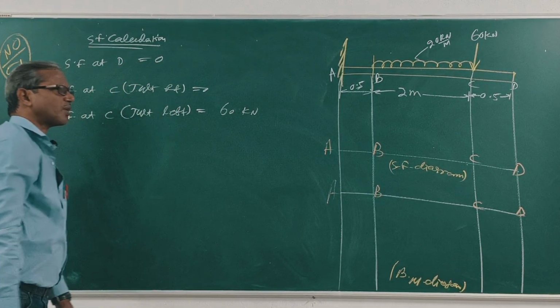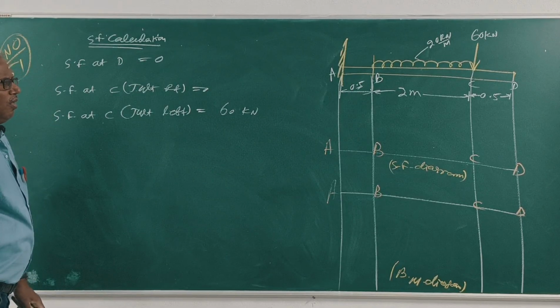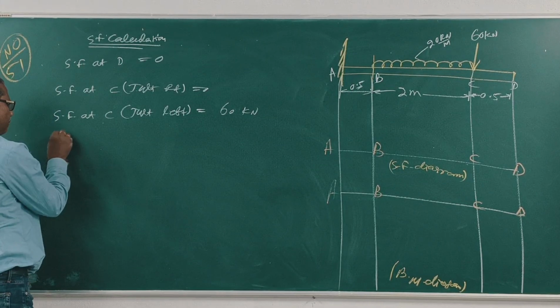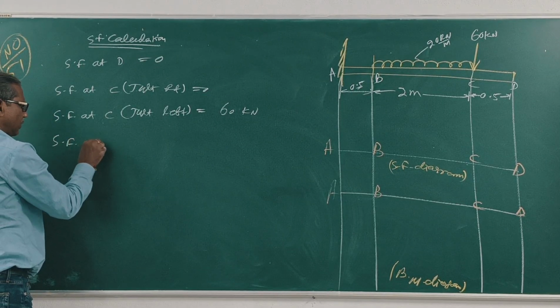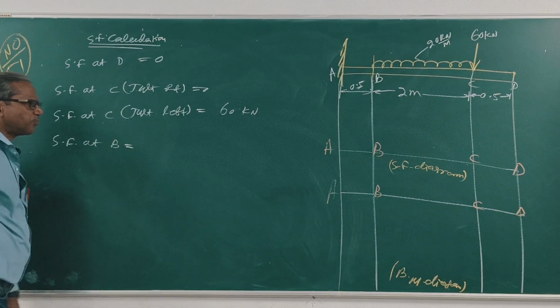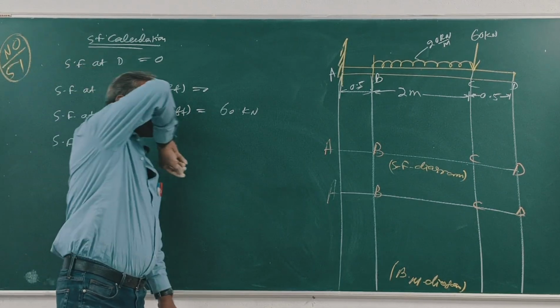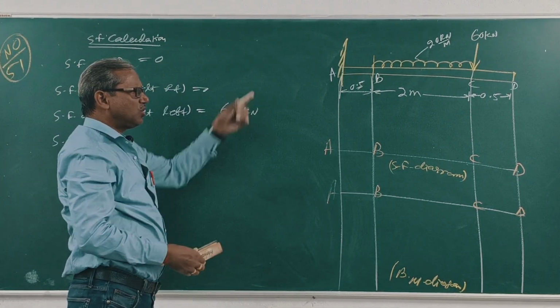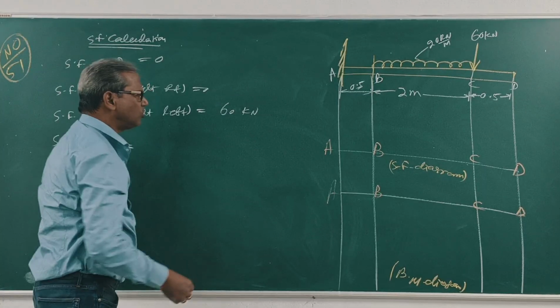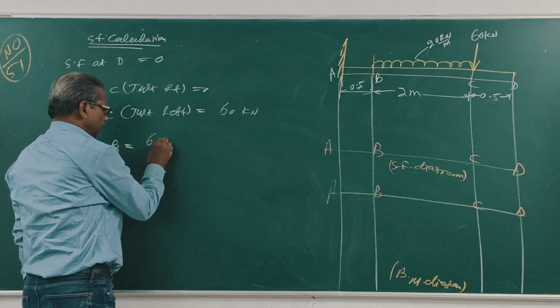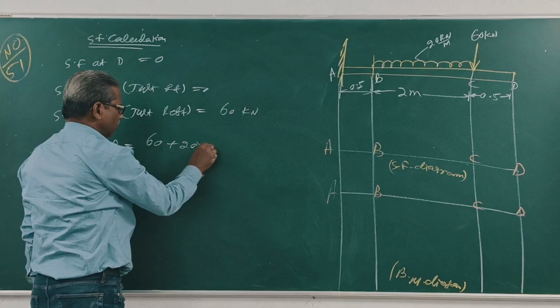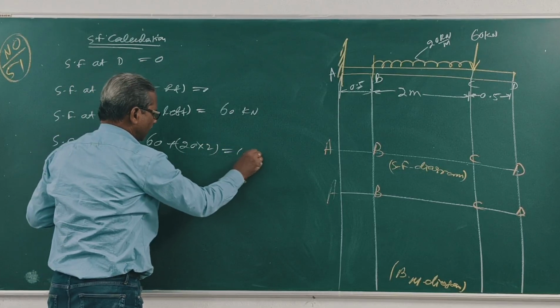At B, shear force at B, 60 plus 20 into 2, 100 kilonewton.